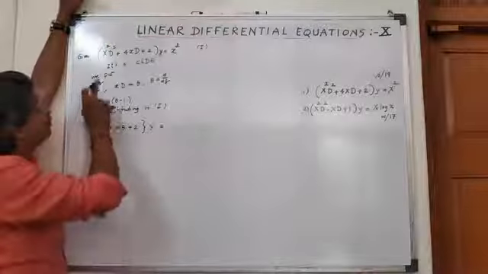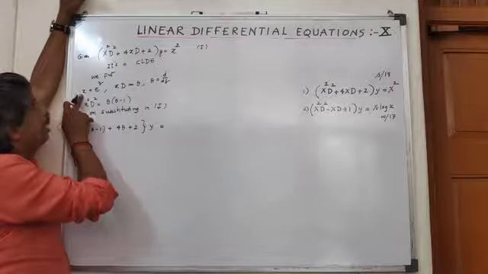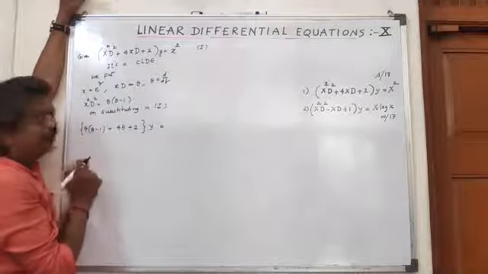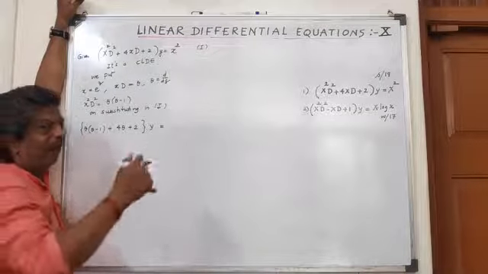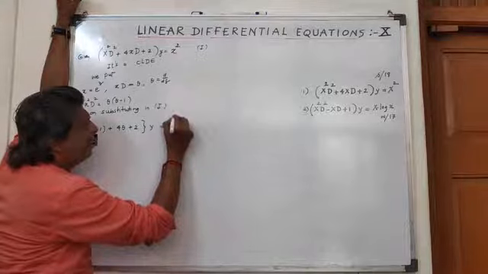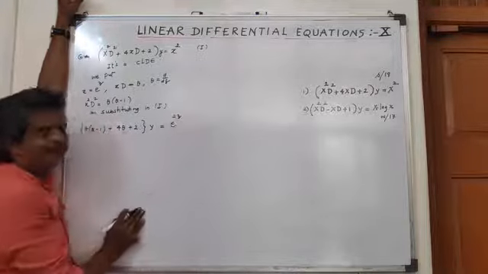What is x? x is e raised to power z. So x square will be e raised to power 2z.